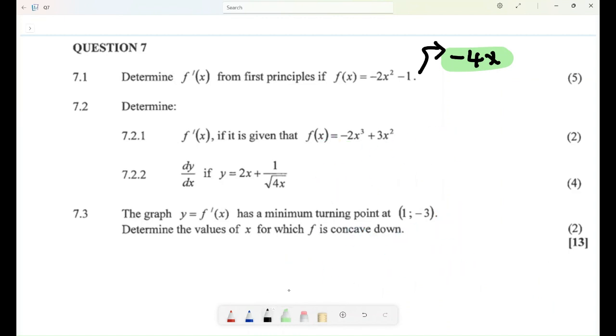Another rule is that whatever that you are differentiating with respect to should not be in the denominator. So you take it to the top part, to the numerator. What you only take is what you are differentiating with respect to.